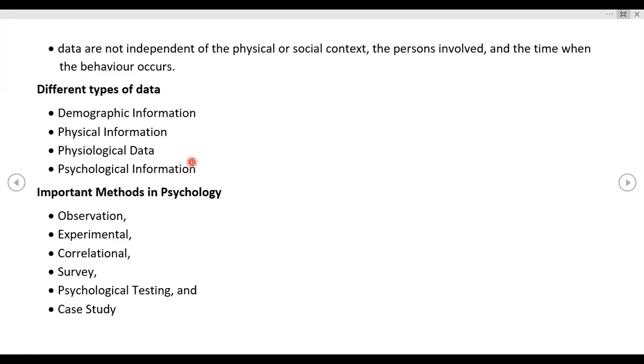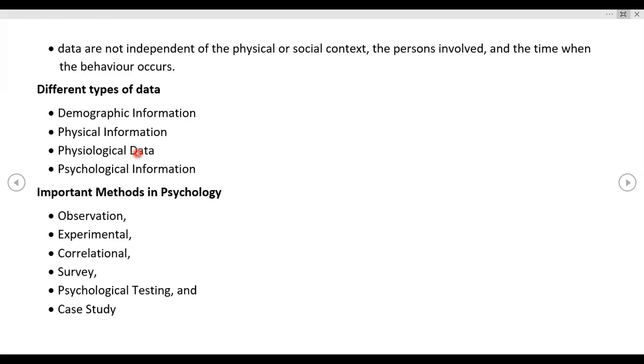And types of data: yes, demographic information, the location, age; physical information related to physical values like heart rate, the color; physiological data. This is also related to information which we cannot see, but we can calculate.